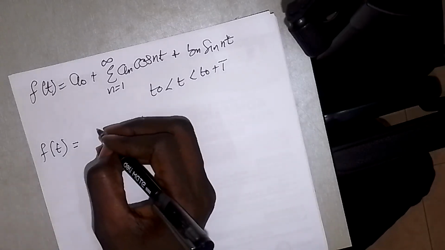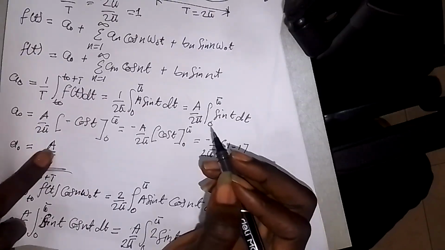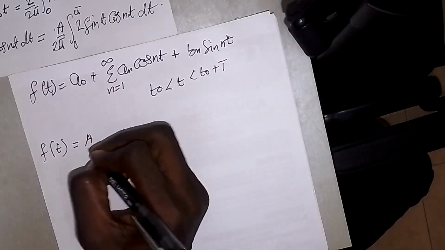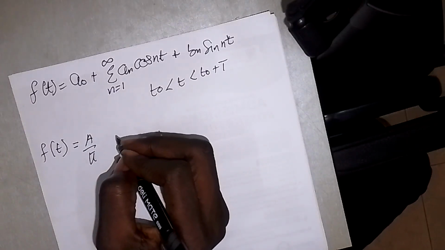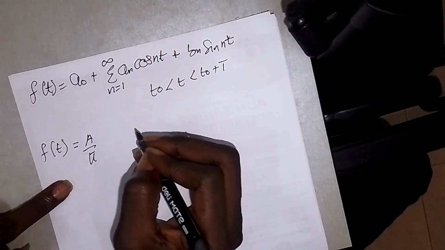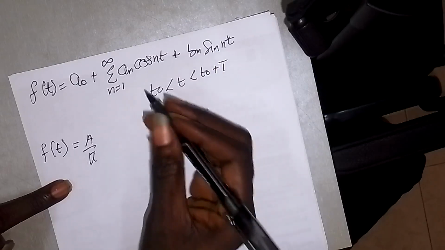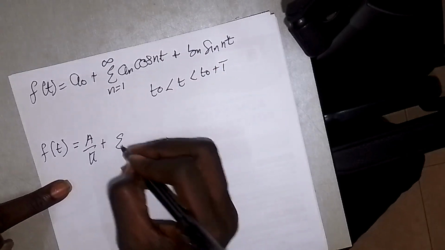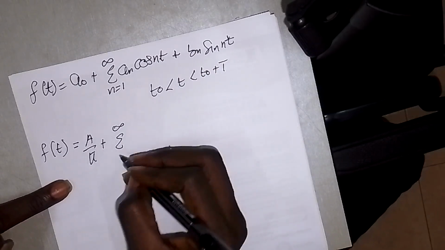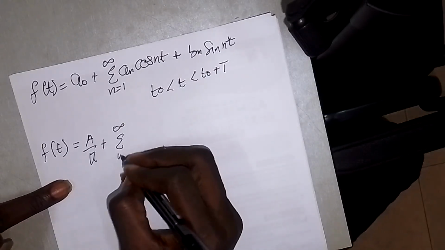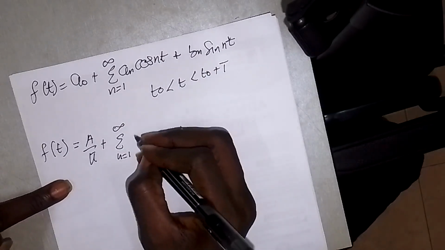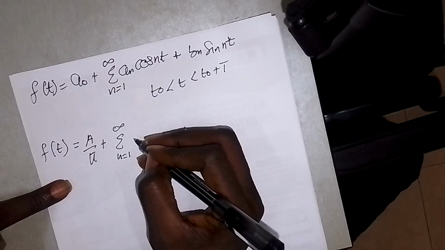We got a naught to be a on pi, so I'll write a on pi here. And then we also got our b1. Let me bring the summation here, n equals 1 to infinity. What did we get for an?